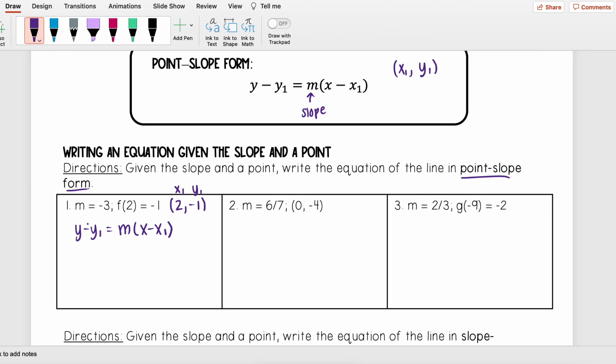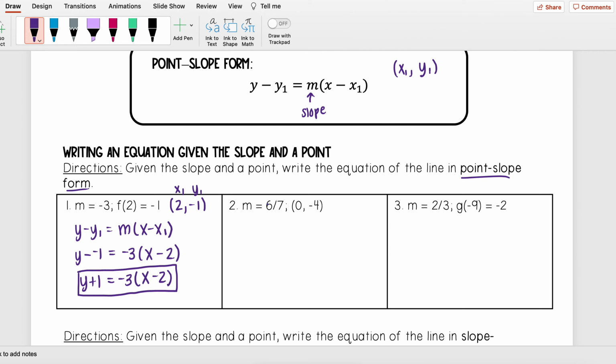And so now when I plug in my m, my x1, and my y1, I get y minus y1, which is -1, is equal to m, which is -3, times x minus x1, which is 2. And then lastly, I'm just going to go ahead and simplify this left-hand side. When I subtract a negative, I'm really adding a positive. And so this would be the equation of my line in point-slope form.